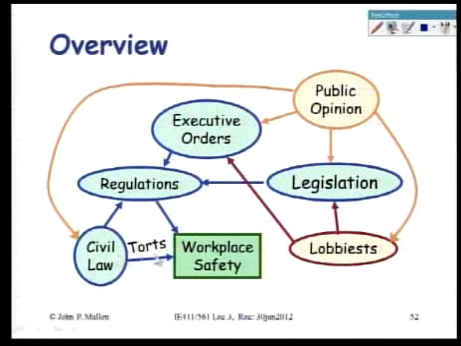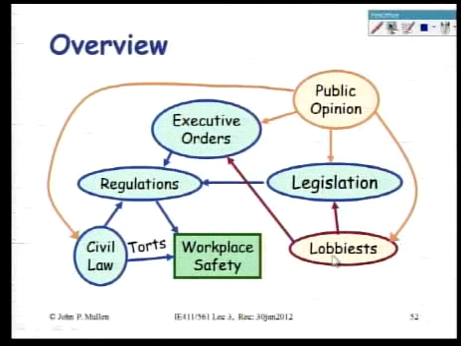Civil laws indirectly affect workplace safety. Regulations directly affect workplace safety, as far as the 14th Amendment allows them to. Legislation becomes regulation. You don't experience laws directly. You instead experience them through regulations. Executive orders are also experienced that way.